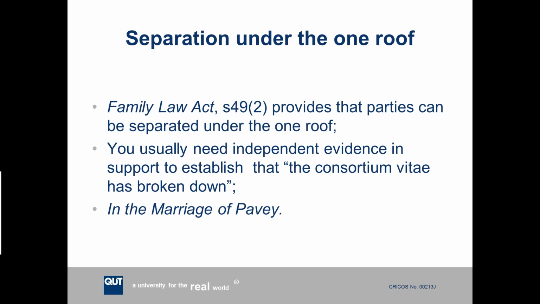And I guess in technical terms, to show that the consortium vitae has broken down. And you can have a look in the textbook at the discussion of the marriage of Pavey case about separation under the one roof.